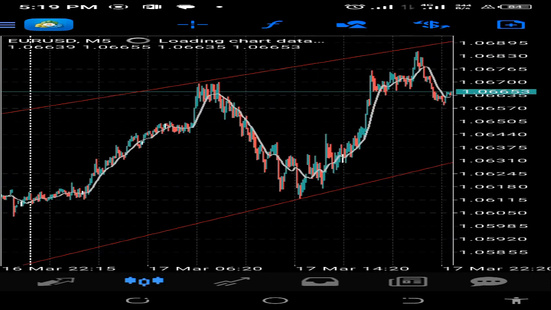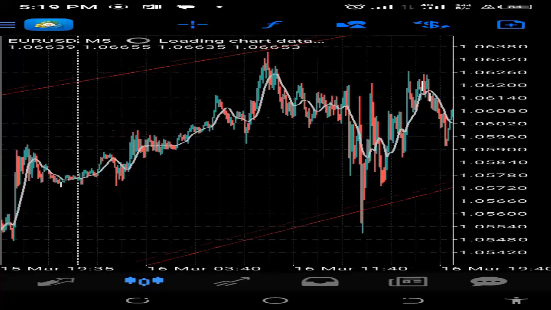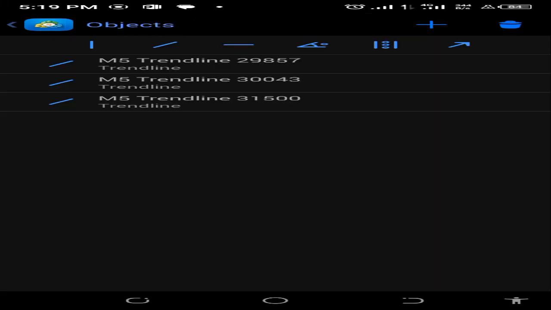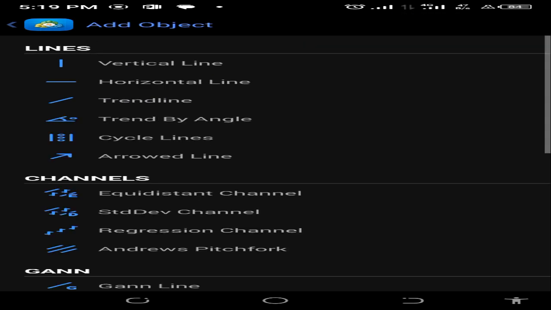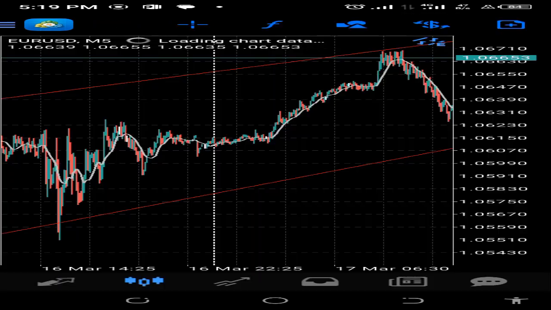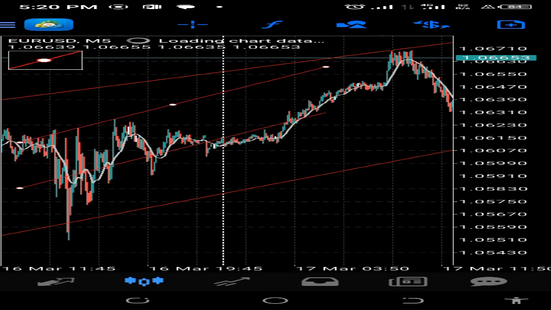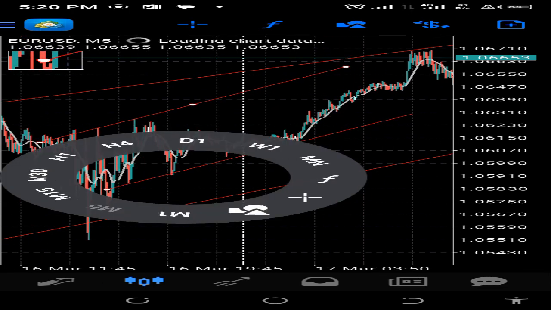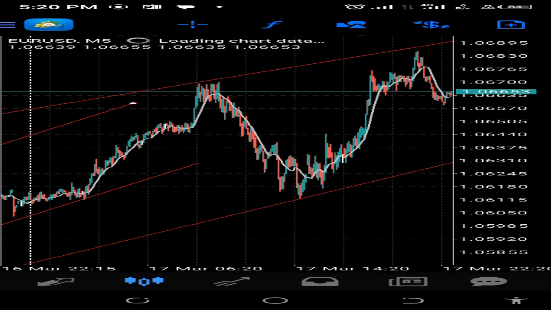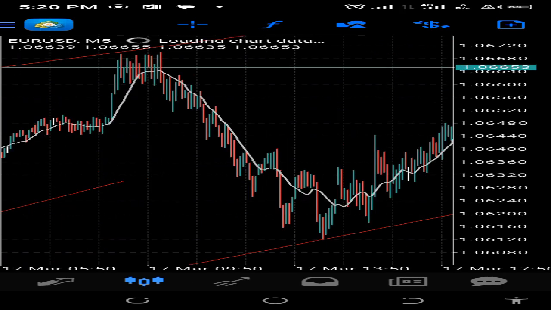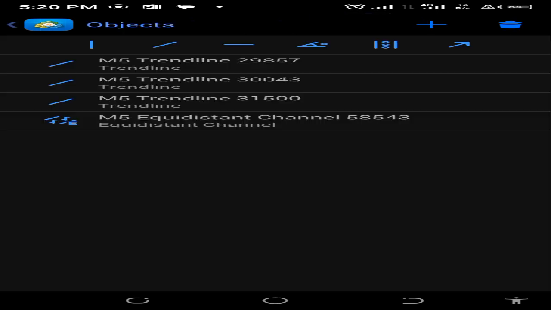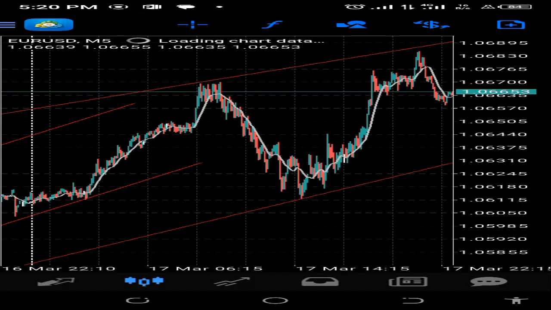I actually used the support and resistance, which is the trend line, to draw this thing. That's why it's showing trend line, not equal distance. But you can also use the equal distance channel, which is the same thing. Are you getting it? Good. I don't want to close because it's part of my preparation for next week. Good. So that is that for the objects.